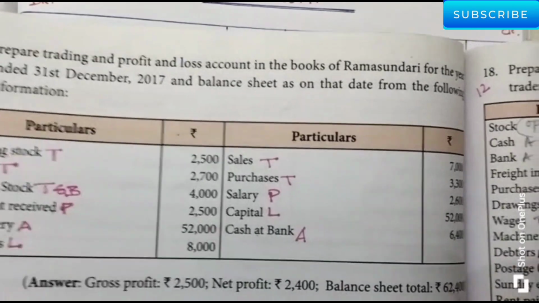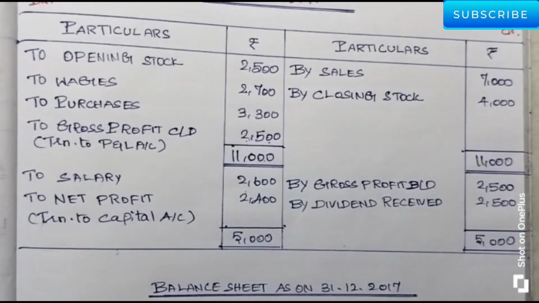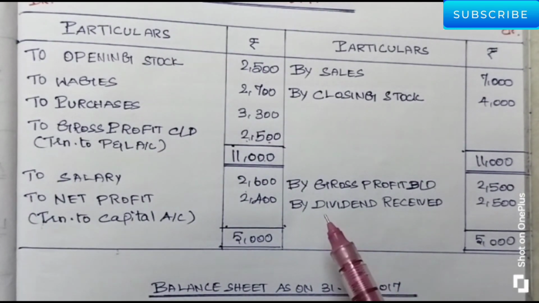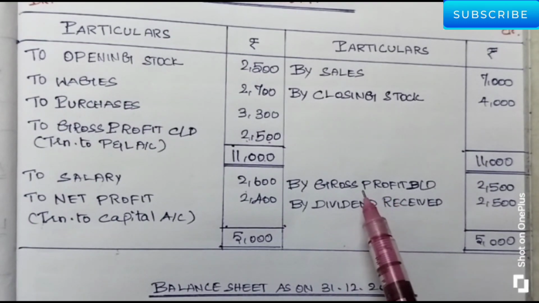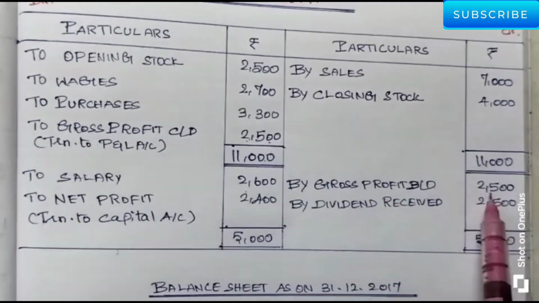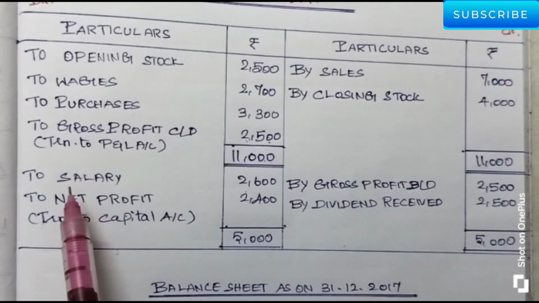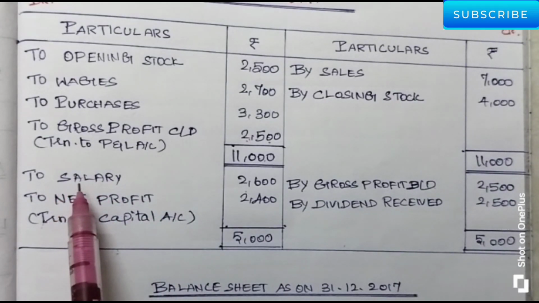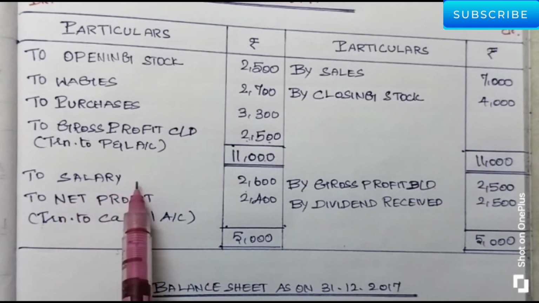Discount received is 2500 rupees. Discount received is an indirect income. So as per the rule of the format of the profit and loss account, all the indirect incomes and gains you have to enter on the credit side of the profit and loss account, and expenses related to indirect expenses and losses you have to enter on the debit side of the profit and loss account.